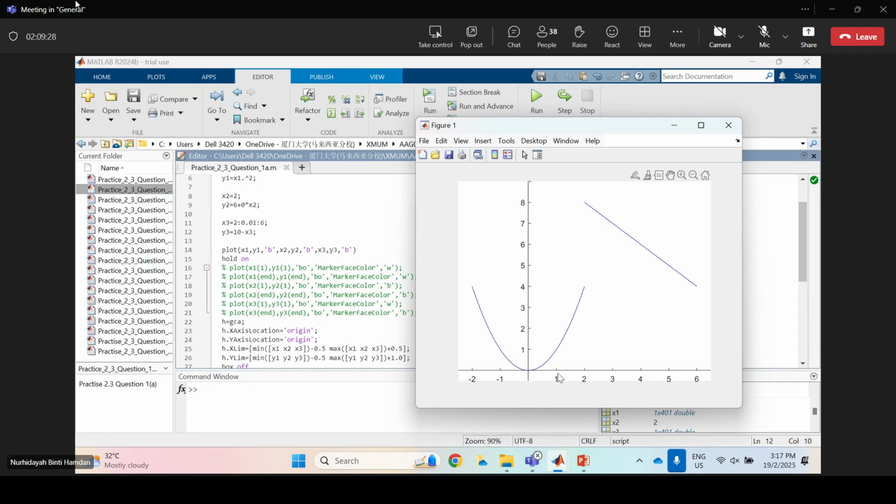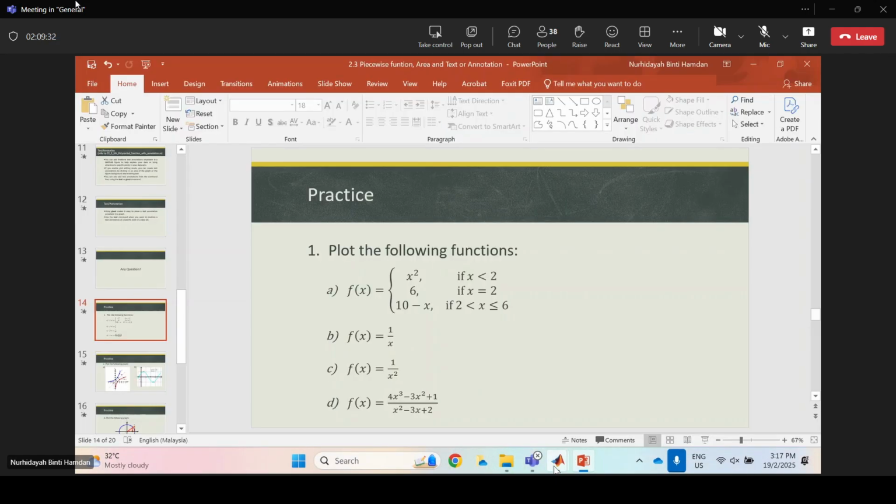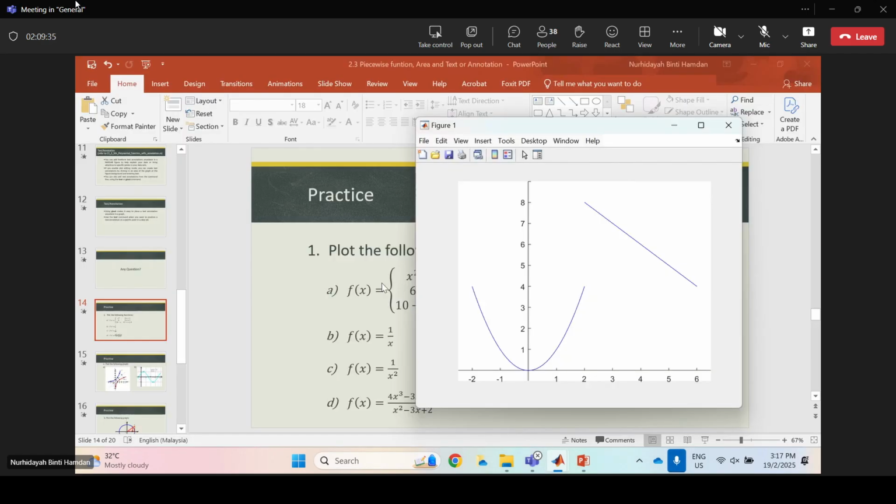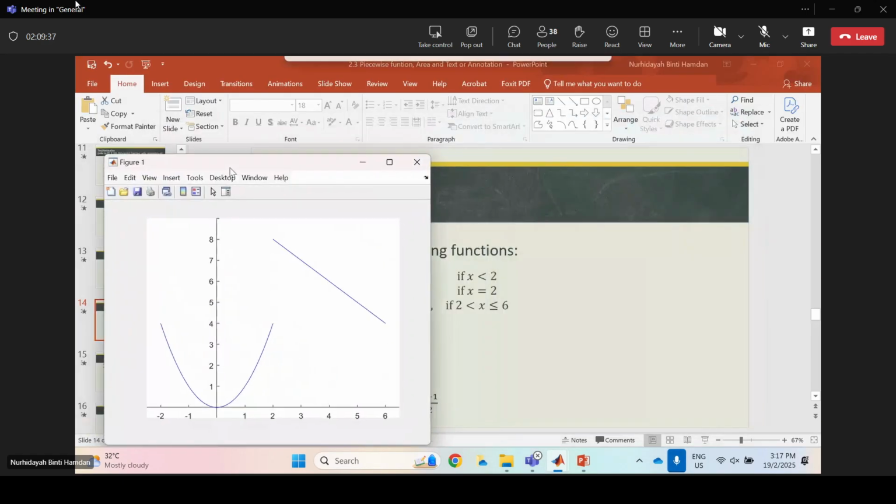We know that we have to put here according to our question: x less than 2. So it will be without any fill for this and this.